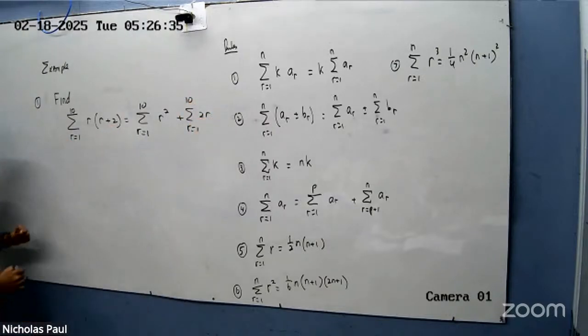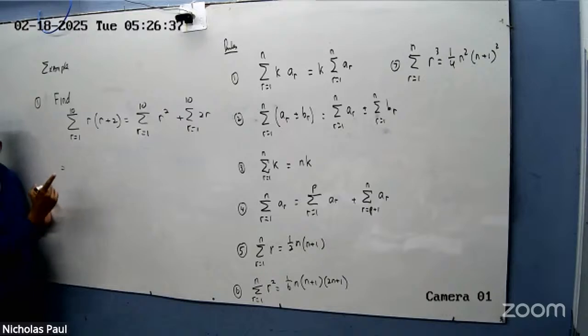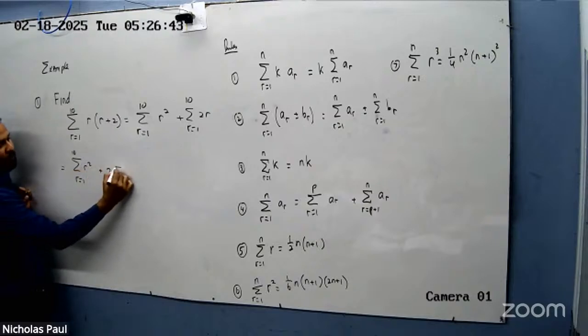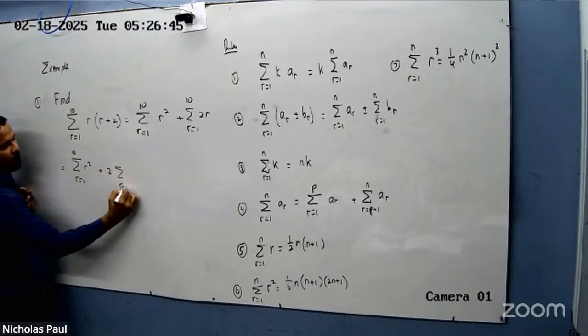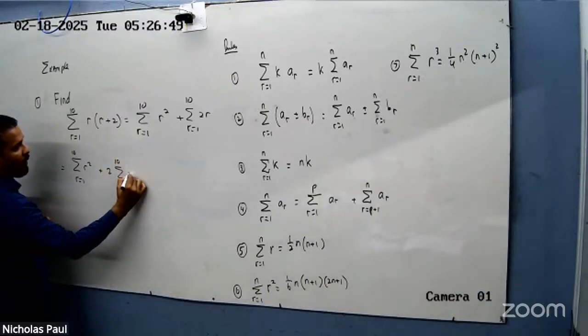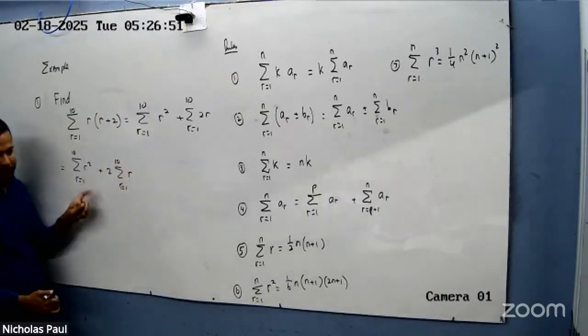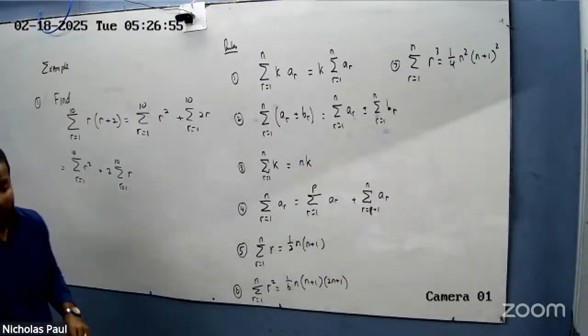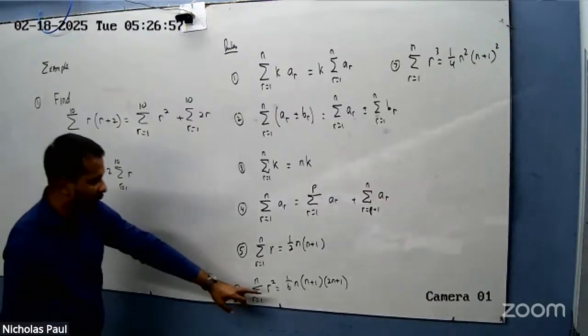What can you do next? You could use the summation r going from 1 to 10 of r squared plus take out the 2. And then how do you get the r squared? Use the formula for r and r squared.